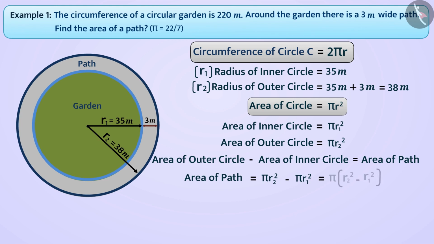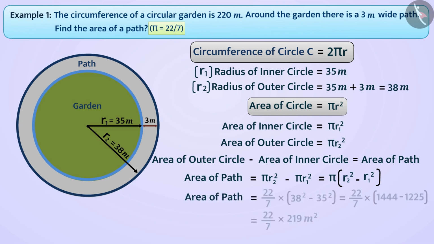Here we can take pi as common. Since the radius of inner circle r1 is equal to 35 meter, radius of outer circle r2 is equal to 38 meter, and the value of pi is 22 by 7. Therefore, we will get the area of path as 688.29 meter square.